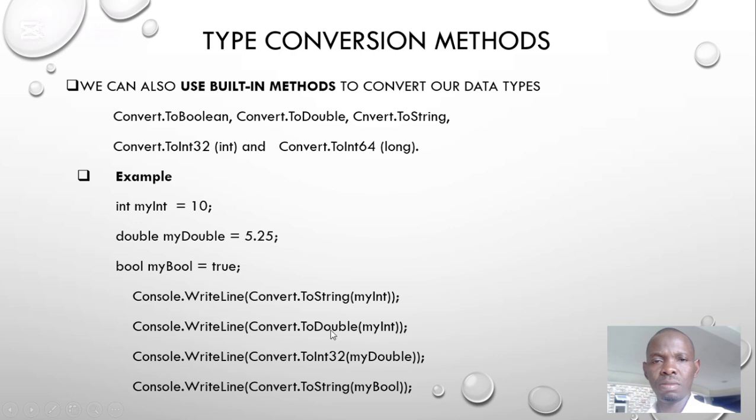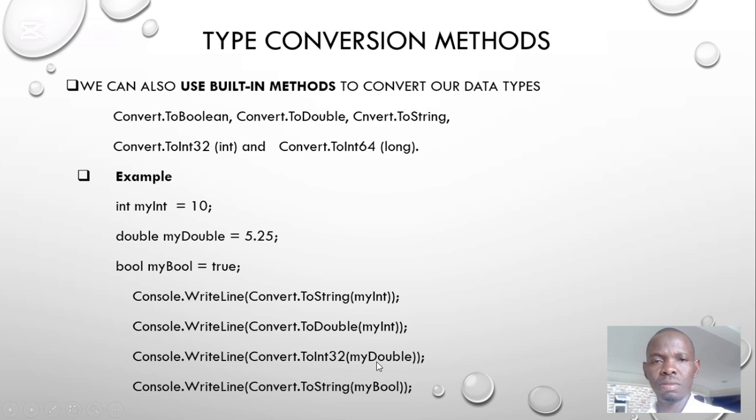Then we are converting to double, Convert.ToDouble, and passing in my int. The result of this will be 10.0. Then we are converting my double to Int32.